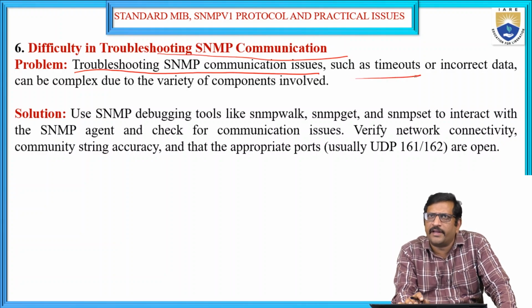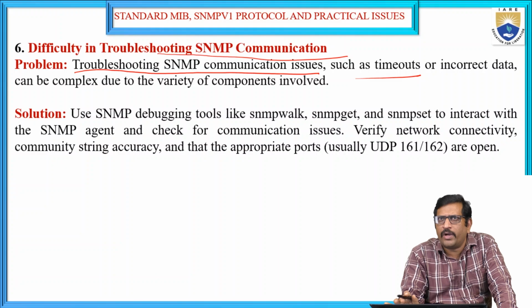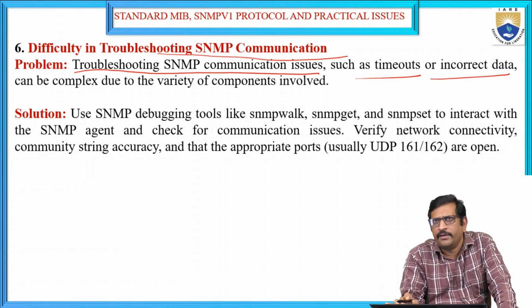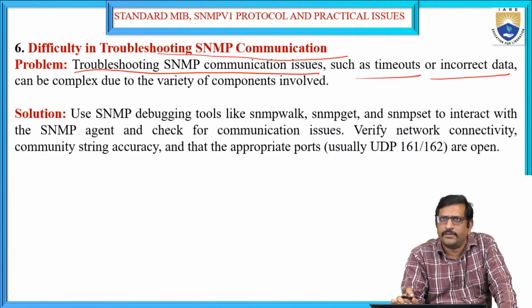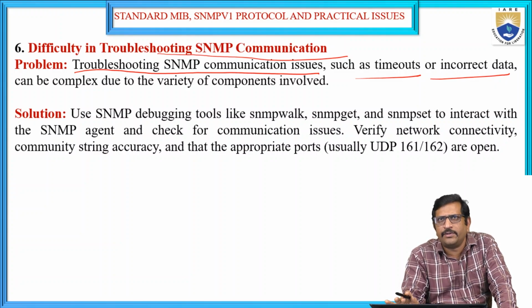While transmitting data from client to server, there is a particular time bound. If it times out, even though you transfer the data, it does not reach the server, so this is the problem. And with incorrect data, even if the server receives the data, it is of no use.